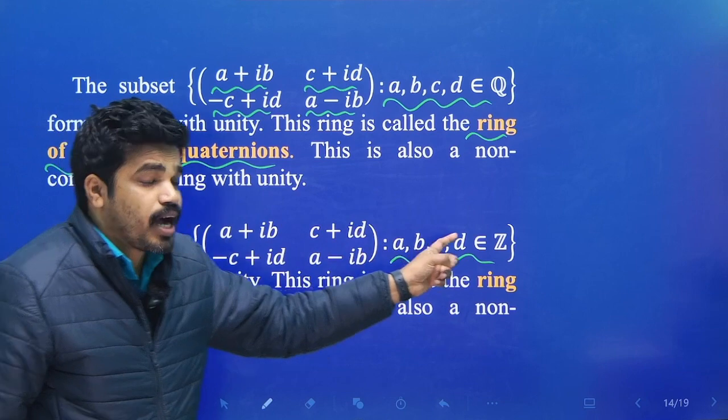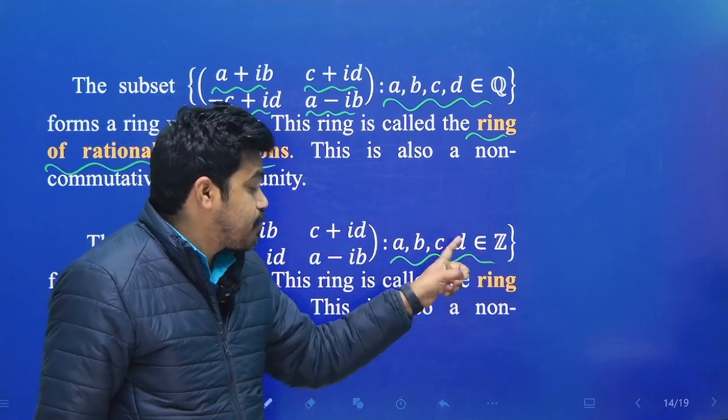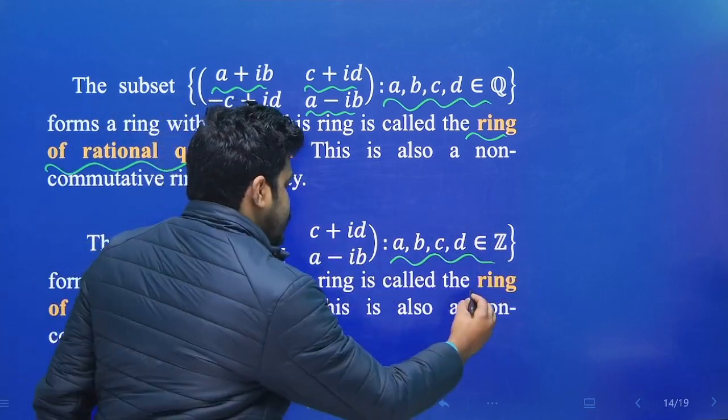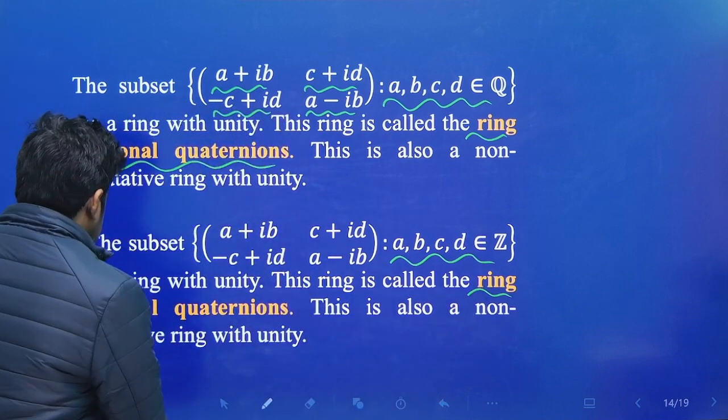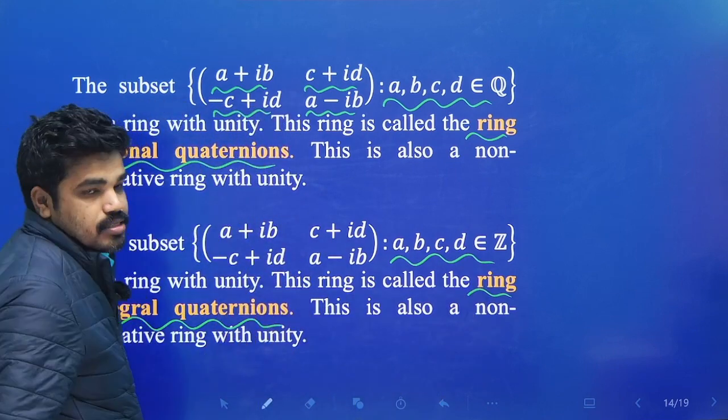If a, b, c, d are integers, then we say ring of integral quaternions.